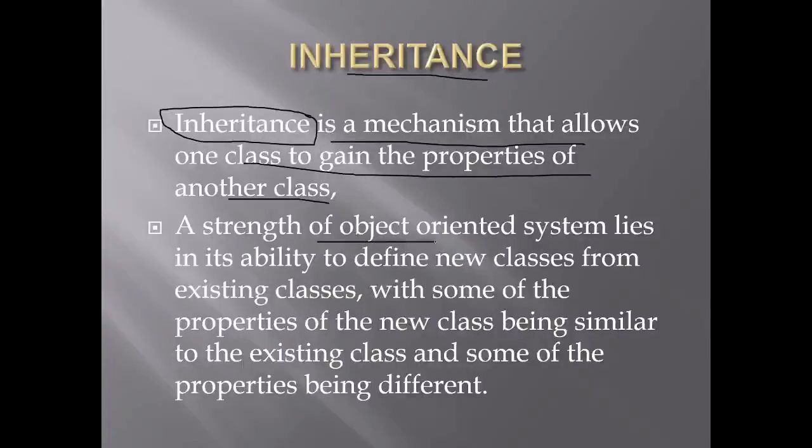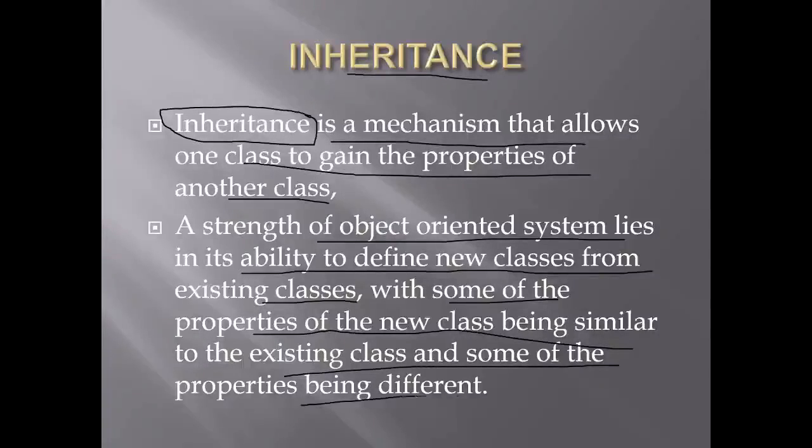A strength of the object-oriented system lies in its ability to define new classes from existing classes, with some of the properties of the new class being similar to the existing class and some of the properties being different. Like for example, the parent and child. The child inherits the common properties from the parent.